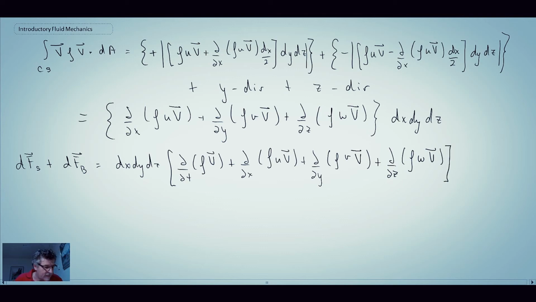So we have that. Now what we're going to do is zoom in on this term here, the whole term here in brackets, and play around with that a little bit more, and we're going to use continuity. It turns out that you can rewrite that term in the following manner.